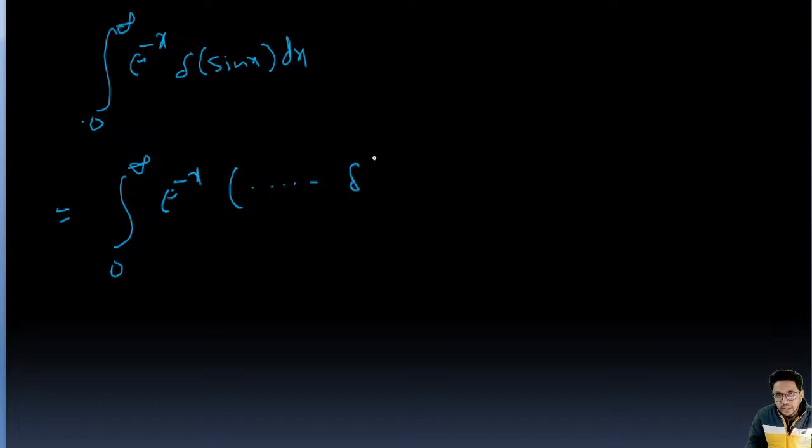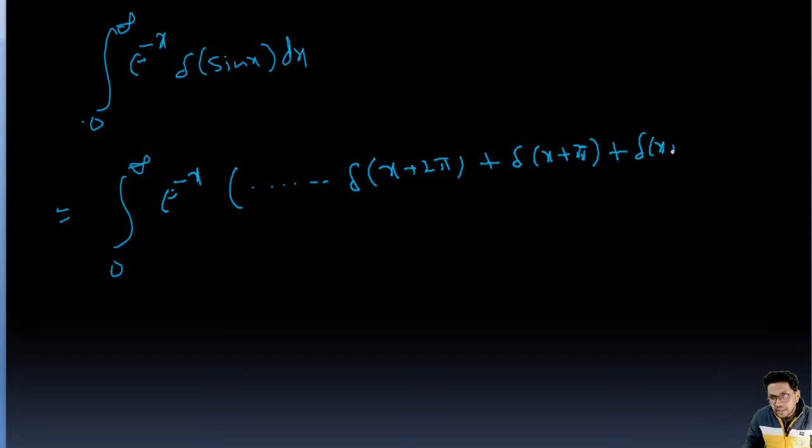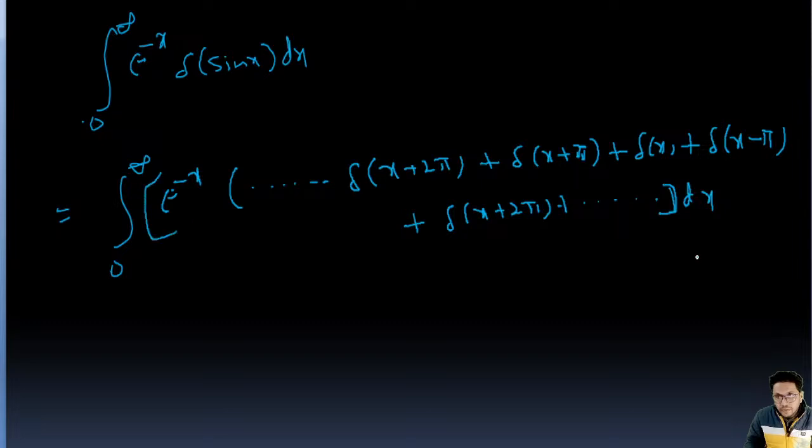It is delta(x + 2π) + delta(x + π) + delta(x) + delta(x − π) + delta(x − 2π), plus so on, and this is dx.